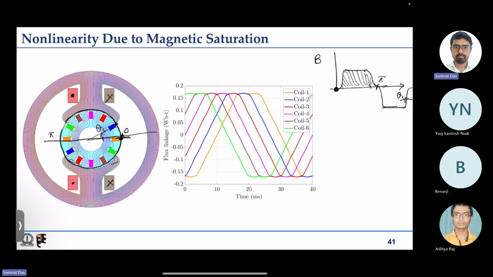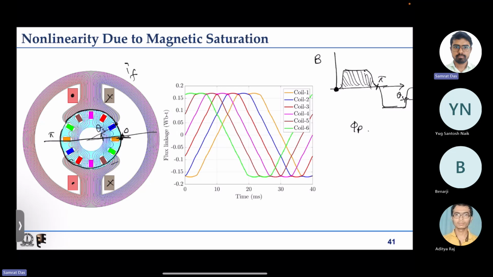And you can understand that the peak B directly depends on the field winding current with which we excite. Up to some extent we have discussed this in the last class.